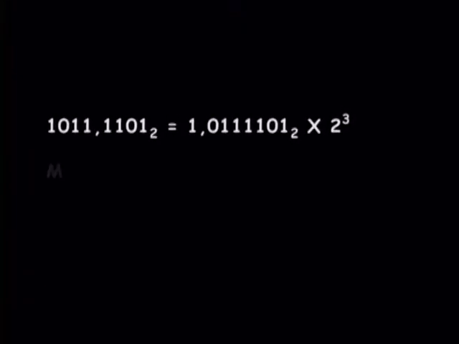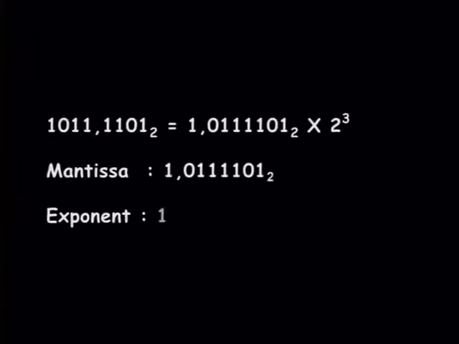We have the number being multiplied by 2 to the power of 3 because we moved the comma 3 places to the left. Here the mantissa is 1,0111101 base 2 and the exponent is 3, which in binary is 11 base 2.